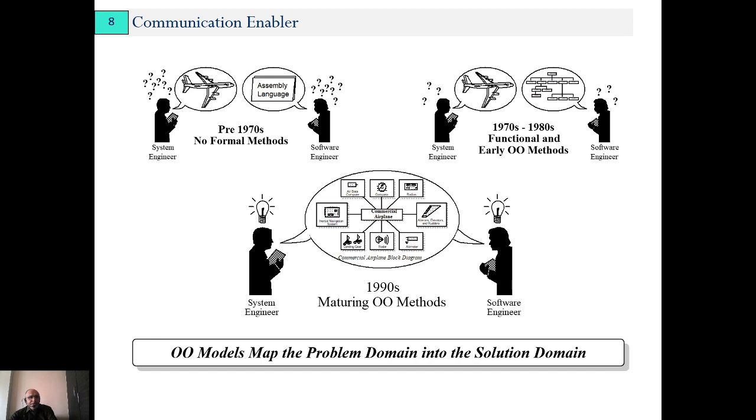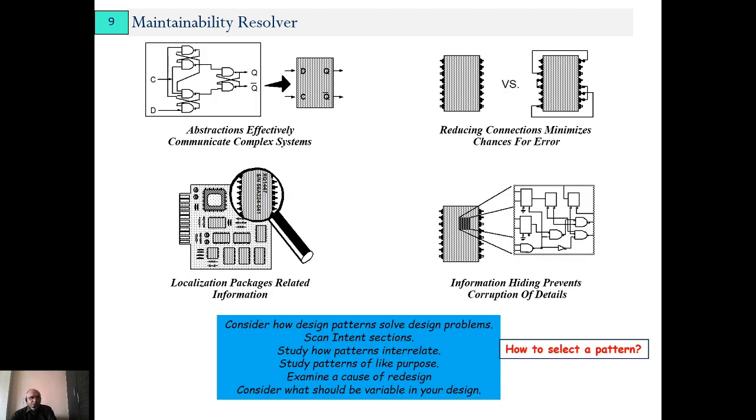Pre-1970s, no formal methods were there, only assembly languages were there. In the 70s to 80s, that decade worked with the early OO methods, and in the 1990s when OO models matured, people started thinking about mapping the problem domain space to the solution domain space.